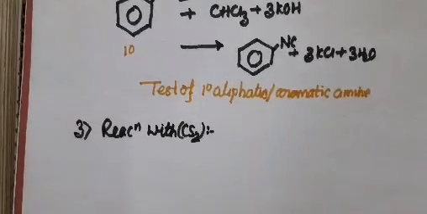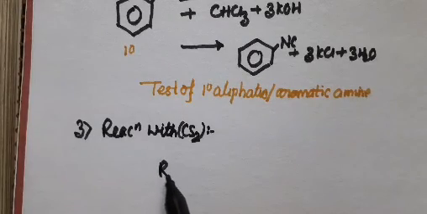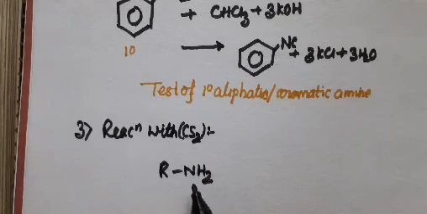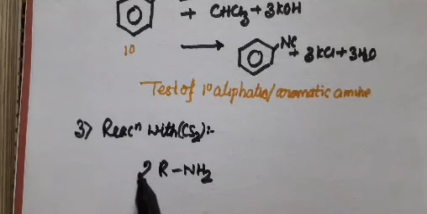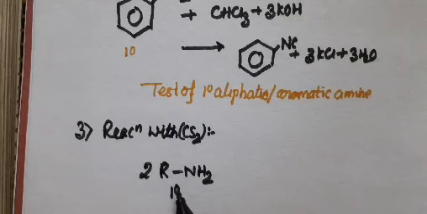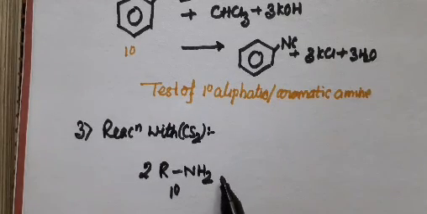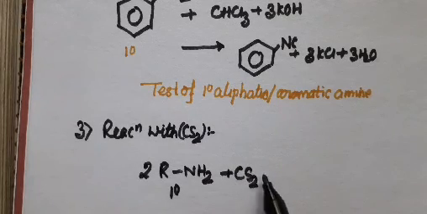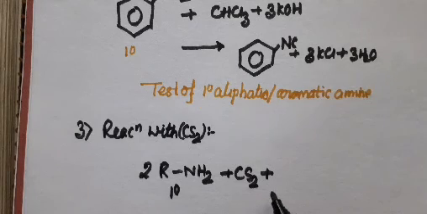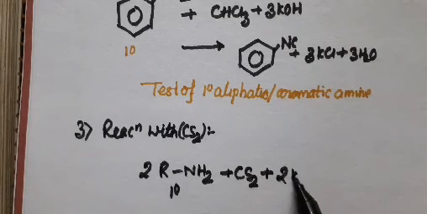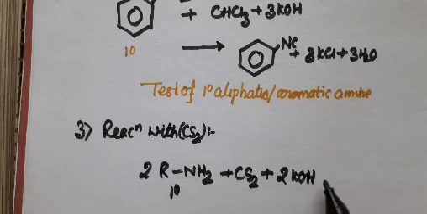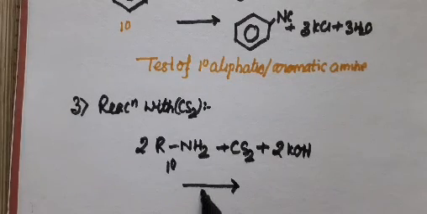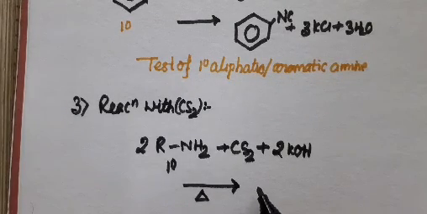So first we draw the structure of aniline or 1 degree amine. We need to take two molecules of 1 degree aliphatic amine and it reacts with carbon disulfide in presence of alkali. Two molecules of alkali, that is KOH, are taken, and the desirable product is obtained on heating this reaction mixture.